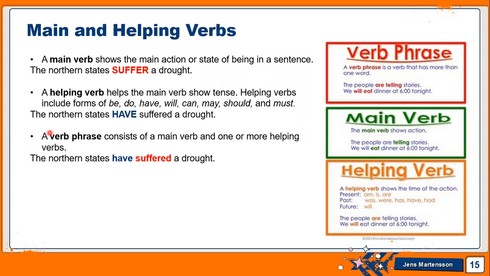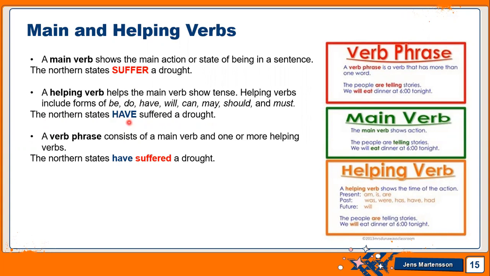However, when I say the northern states have suffered a drought, I added have to the verb suffered, which you can recognize is in the past tense because it ends with an ed. So have suffered, I added have. What's this for? This is called a helping verb.